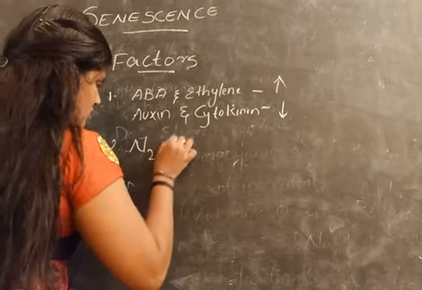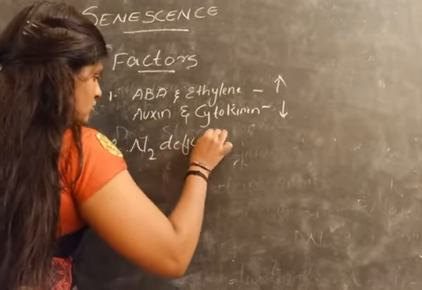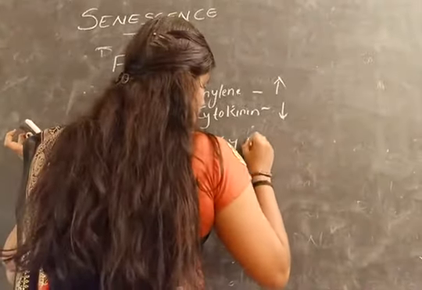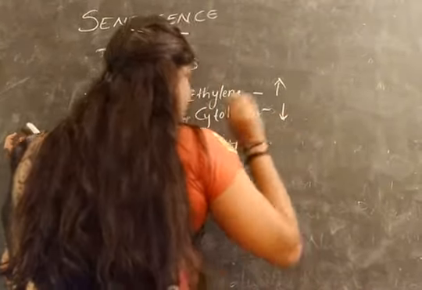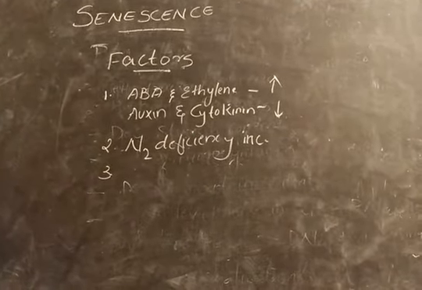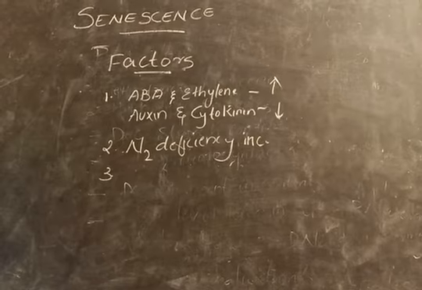Nitrogen deficiency increases senescence, whereas nitrogen supply may retard senescence.